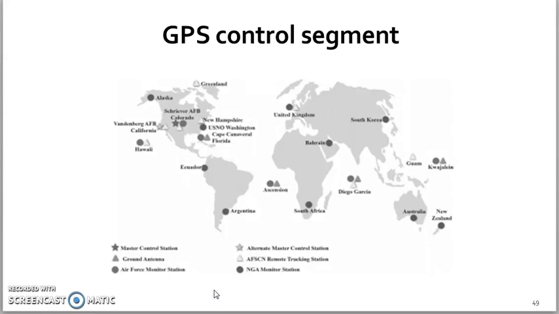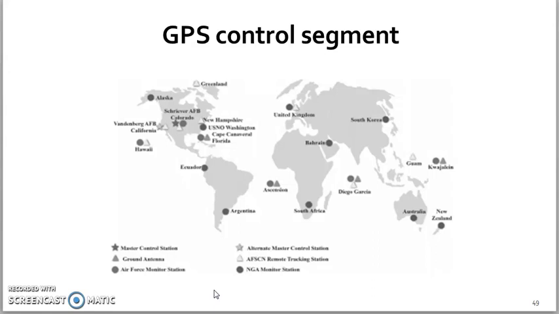A control segment consists of a master control station, you can say MCS, 16 monitoring stations located throughout the world, and 12 ground antennas.